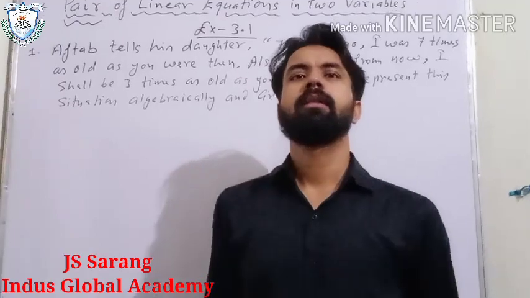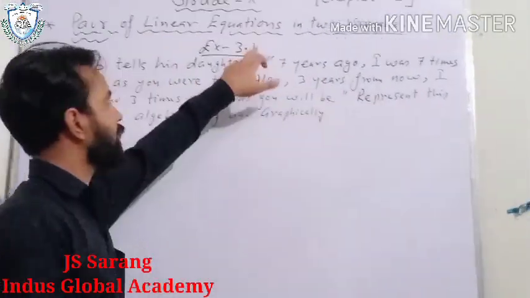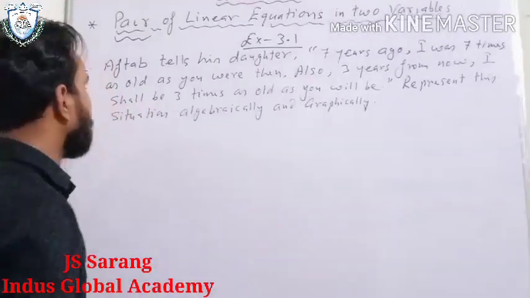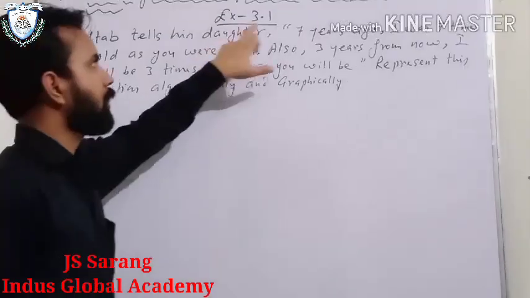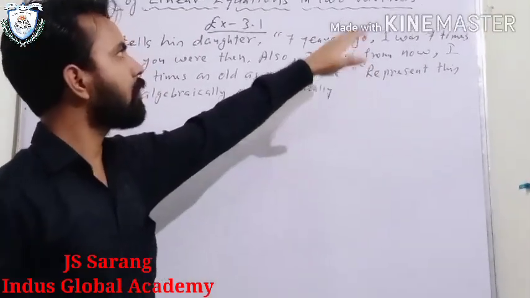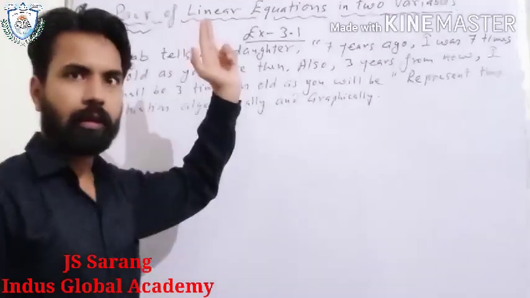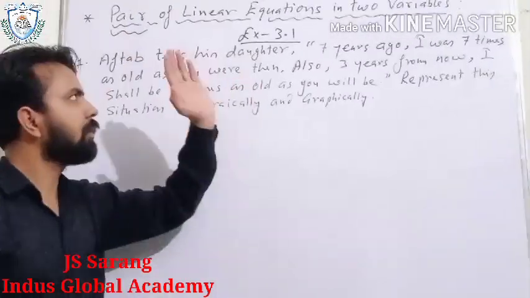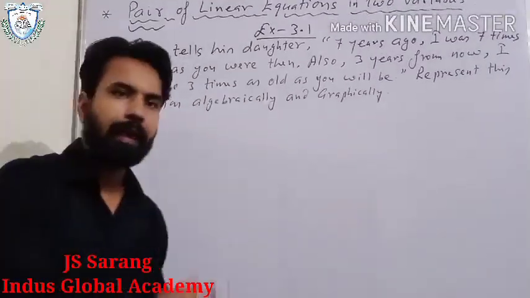Okay students, now we will discuss exercise 3.1, the very first exercise of this chapter, and the very first question is here. Aftab tells his daughter, 7 years ago I was 7 times as old as you were then.